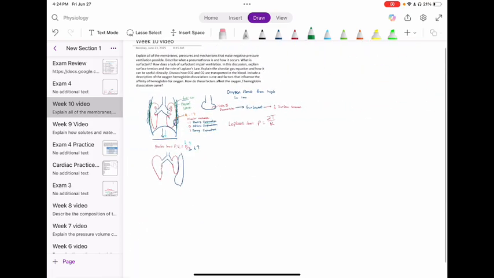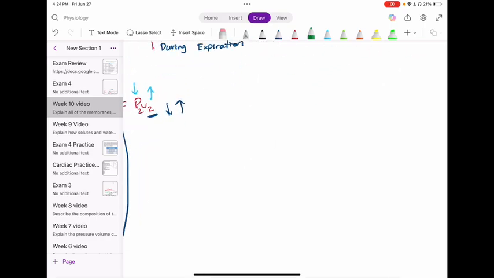Next, what we have is an equation. This is the alveolar gas equation. So we have the partial pressure of oxygen.